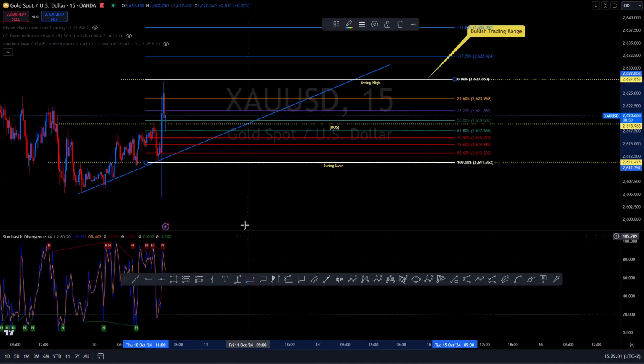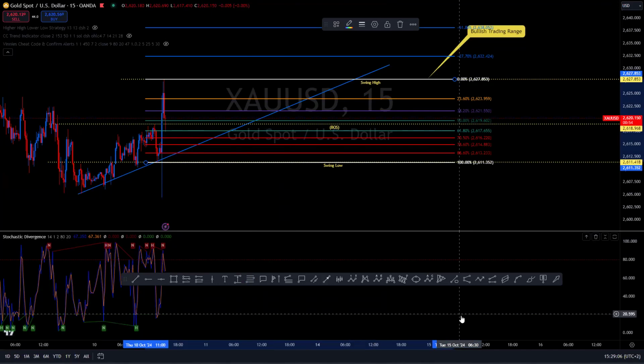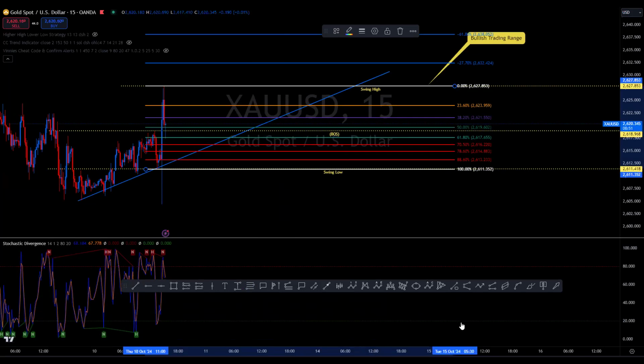Okay. And so you can see here that price looks like it's rejecting this area here.